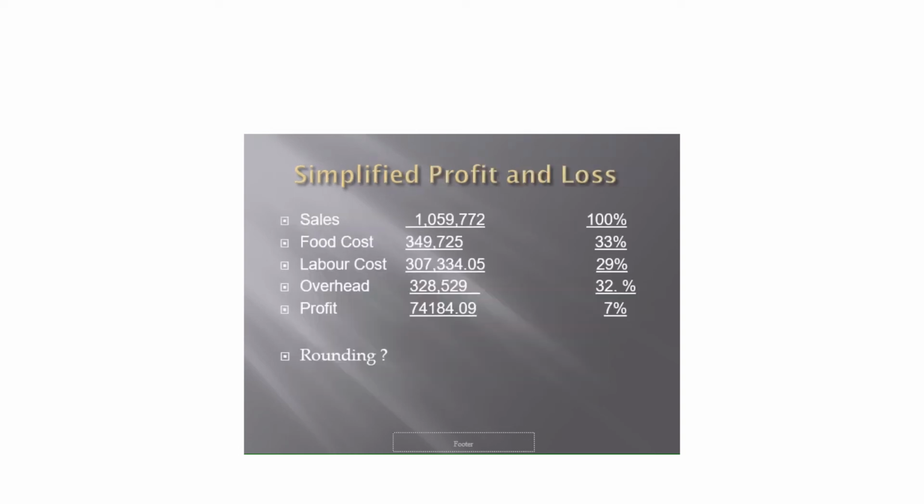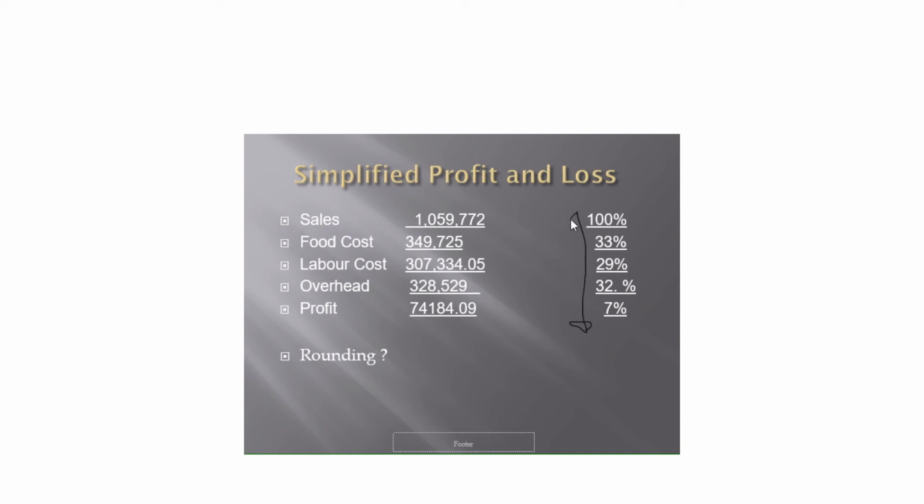Here we see another simplified profit and loss, and we've just assigned some numbers here. So our sales were $1,059,772. First of all, I should explain: the percentages on the right-hand side are percentages of sales.